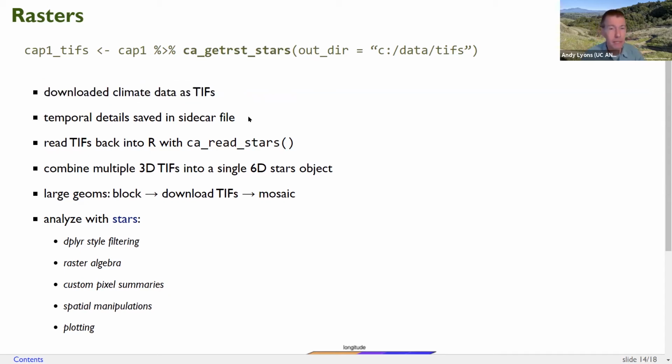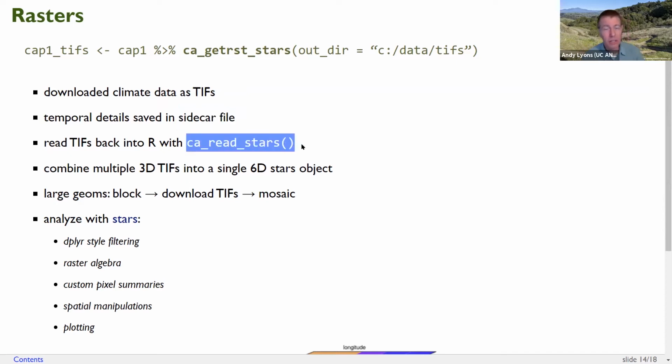It's basically limited to 3 dimensions, but the function will save some of the additional metadata, such as what date each layer in the TIFF represents. That gets saved into a sidecar file, which is a little tiny text file that has that additional information and lives next to the TIFFs.